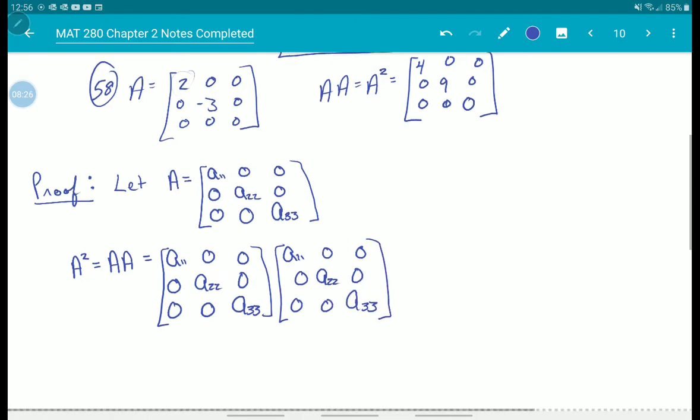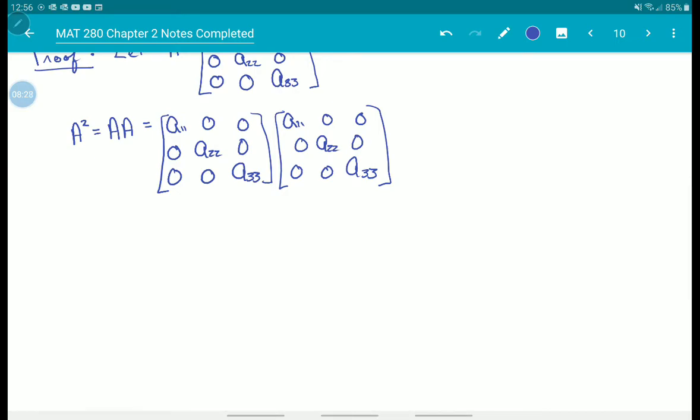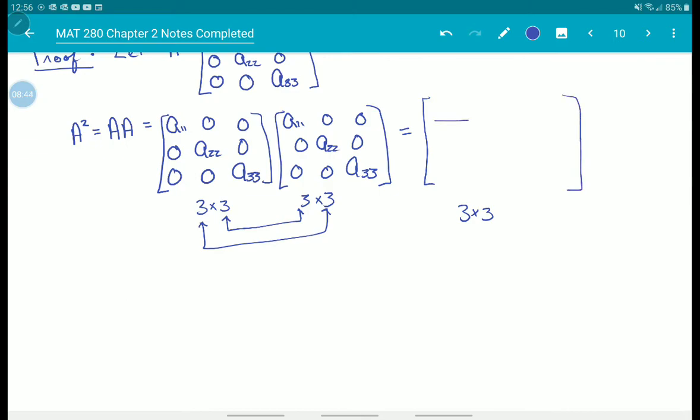So there's the setup. Now, if we were to multiply this out, notice the multiplication is defined. We have a 3 by 3 times a 3 by 3. Inside dimensions match, which means we end up with a 3 by 3. And 3 by 3s have nine entries. So if we multiply, we go first row, first column.